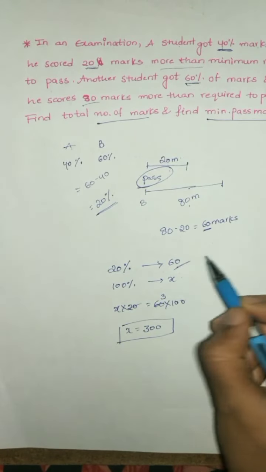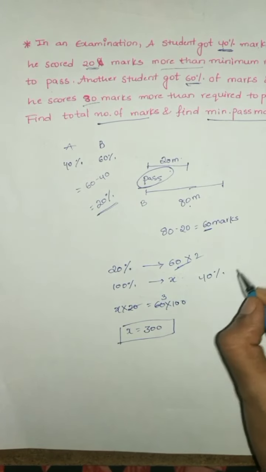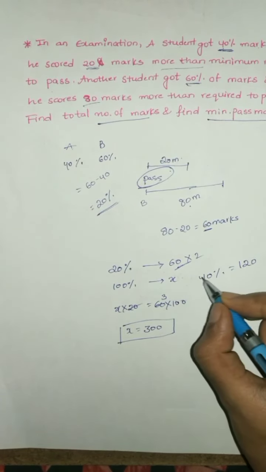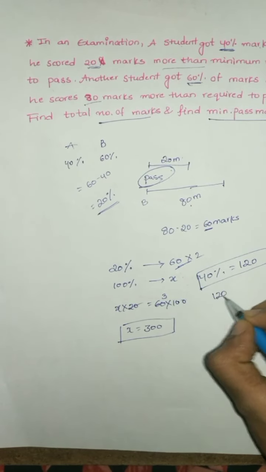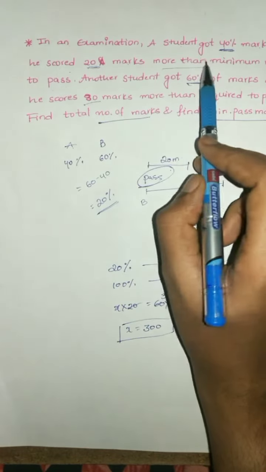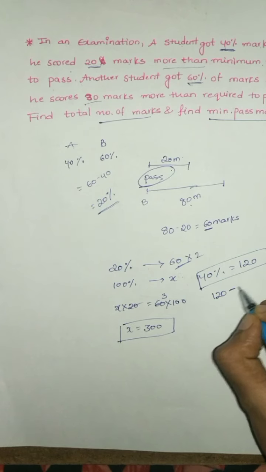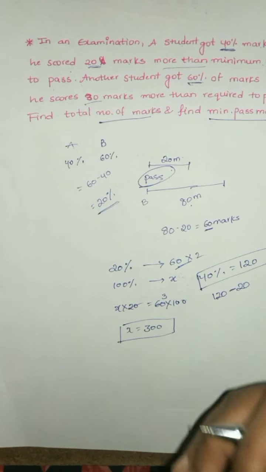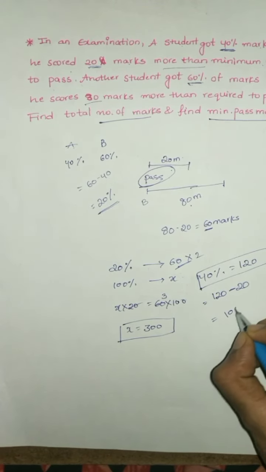If 20% is 60, then 40% is 60 into 2, that is 120. He got 120 marks, but he scored 20 marks more than the minimum required. So we have to decrease 20 marks, and the minimum pass marks is 100.